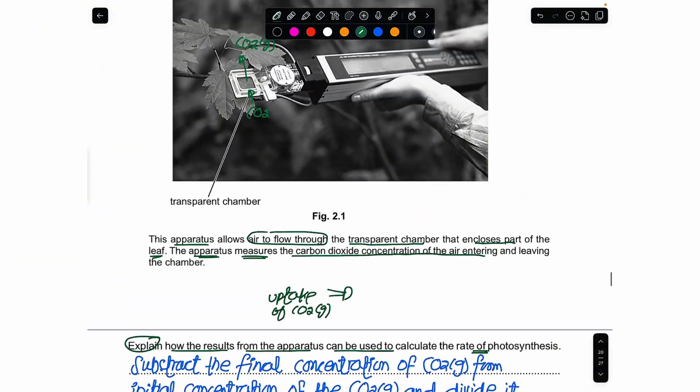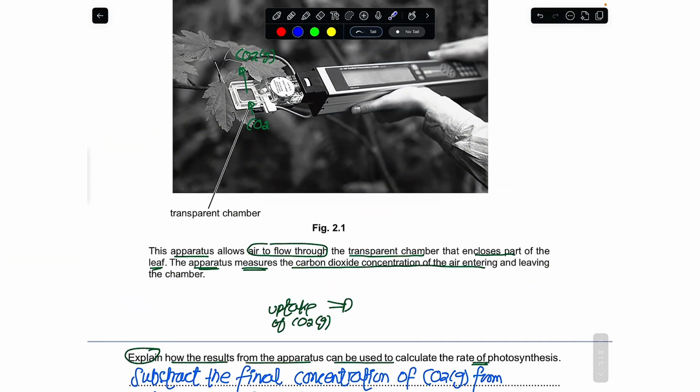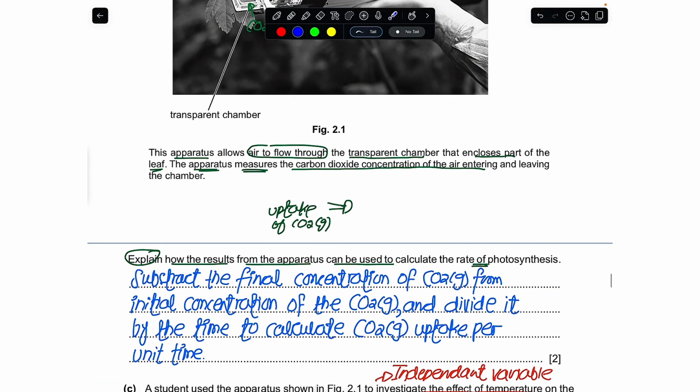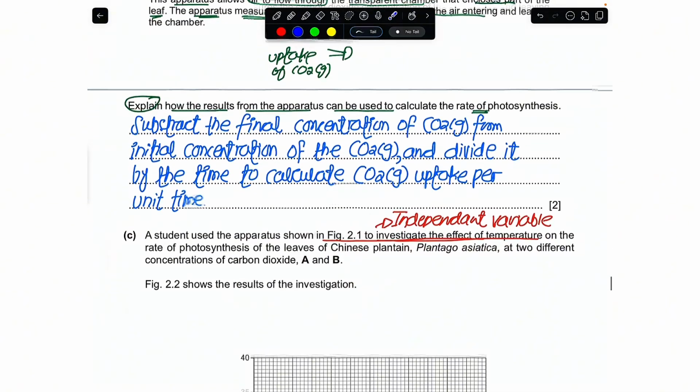So what I need to do here is calculate the difference between the amount of carbon dioxide gas that entered through the transparent chamber and that left through it, and then divide it by time to calculate how much carbon dioxide is taken up per unit of time, and that would be proportional to an increase or a decrease in the rate of photosynthesis.